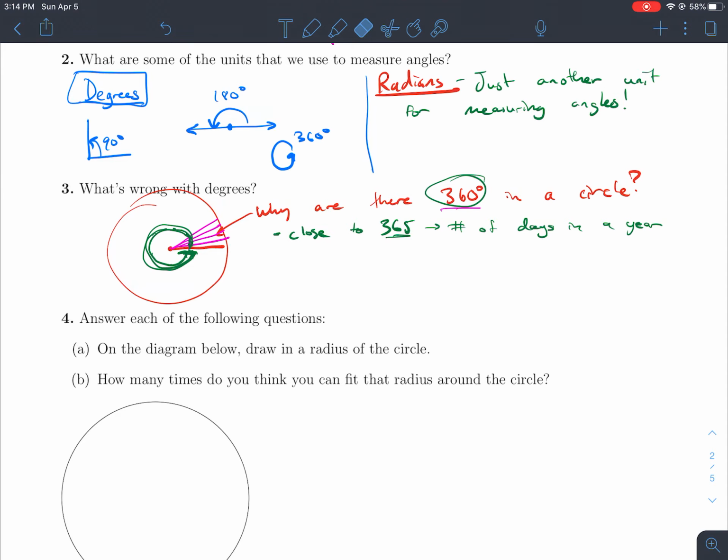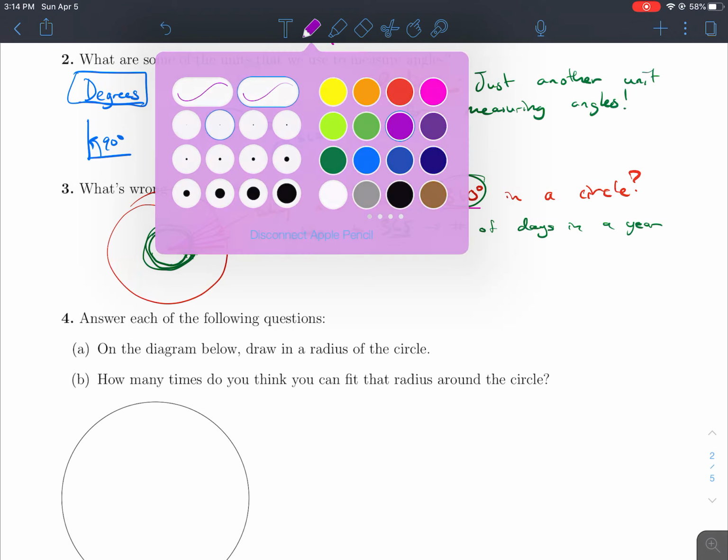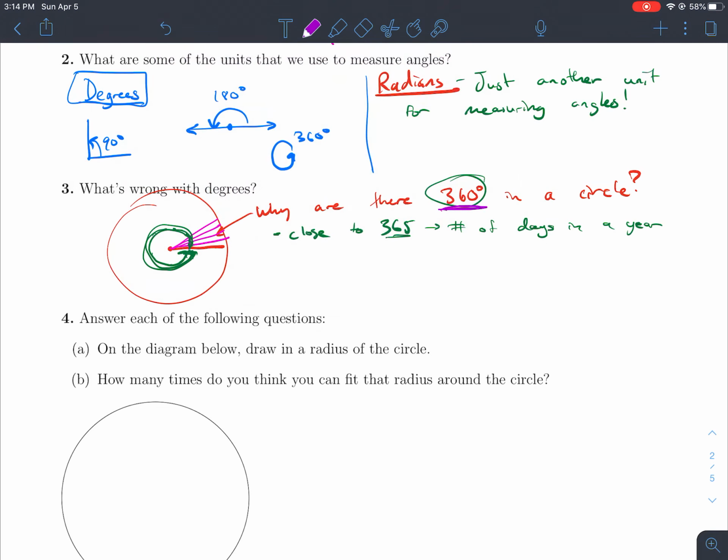It turns out that the group of people that decided that it should be 360 degrees in a circle were actually called the Babylonians. And the reason why they picked 360 degrees is that they liked 360 degrees better than 365.